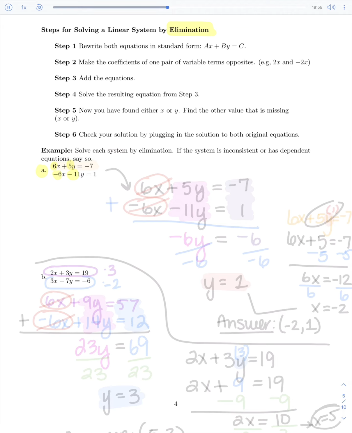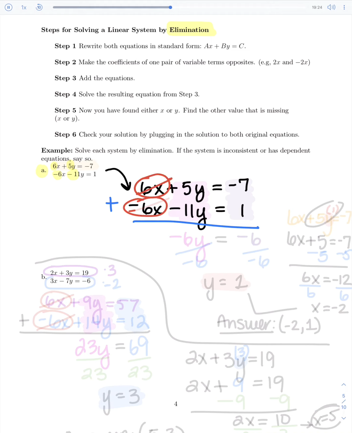Now this particular one is already set up for elimination, so let's see how it works. We don't actually need to do anything. Elimination says that we want two of the variables to eliminate when we add the two equations together. Well, if I add these two equations together, two variables will eliminate right off the bat because we've got a positive 6x and a negative 6x.